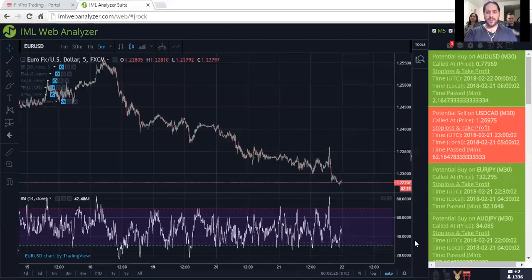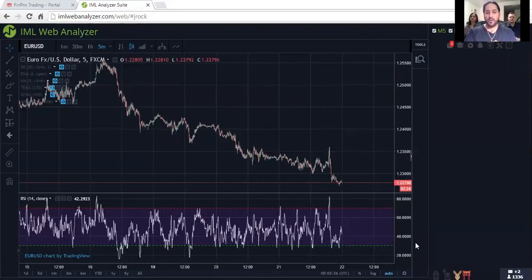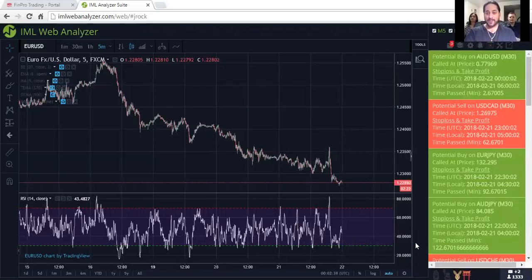So what you're seeing right now is a chart of Euro USD, and this is one of the most traded, most liquid pairs. So it is what I'm going to use for my example. You are currently looking at a naked chart, which means there are no indicators on it, just candles and one indicator down at the bottom called the RSI, or the Relative Strength Index.